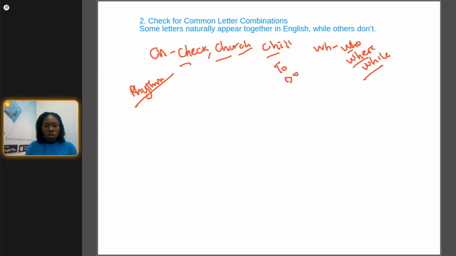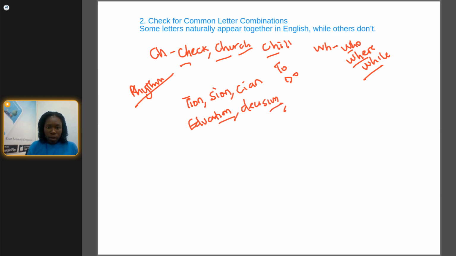Right. Okay, so some other letter combinations that we can quickly look at and you can just familiarize yourself with. You have combinations like TION, you're familiar with that. You have TION, SION, CIAN, and you have examples like education, decision, musician.